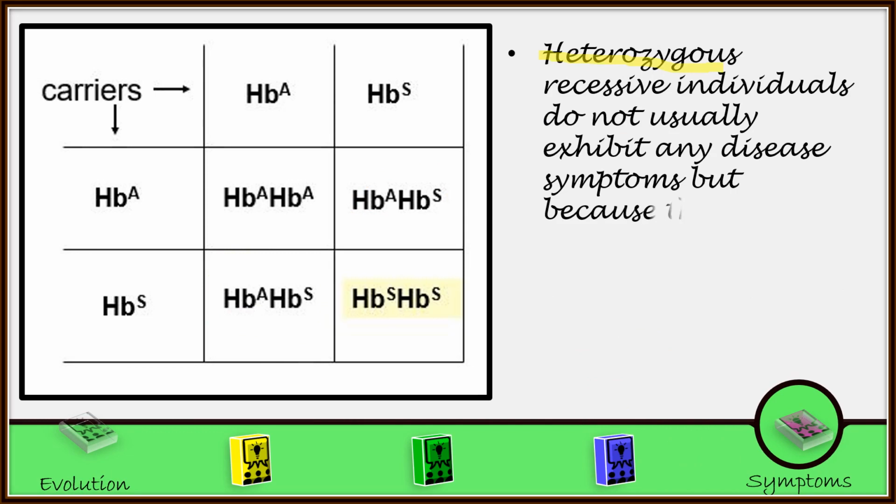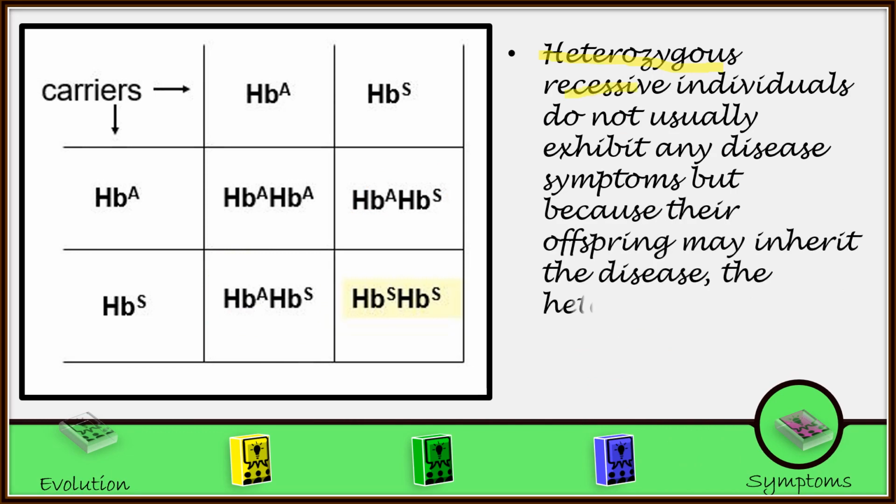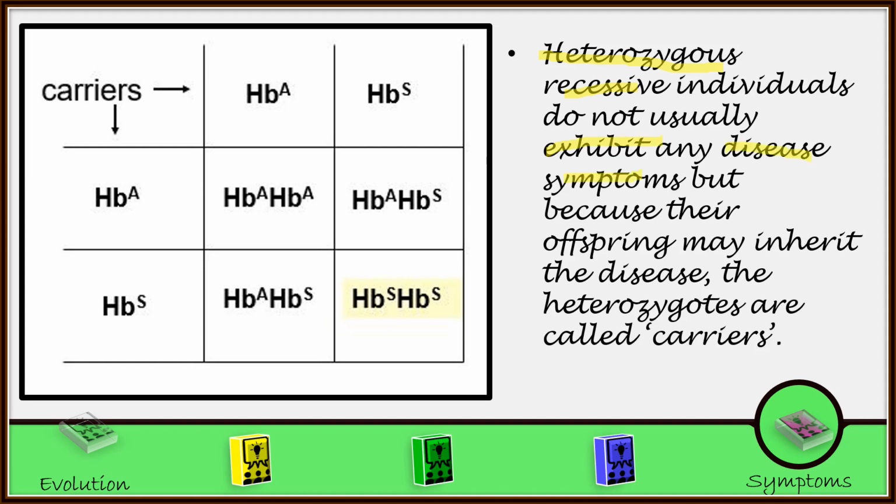Heterozygous recessive individuals do not usually exhibit any disease symptoms because their offsprings may inherit the disease. The heterozygotes are called carriers.